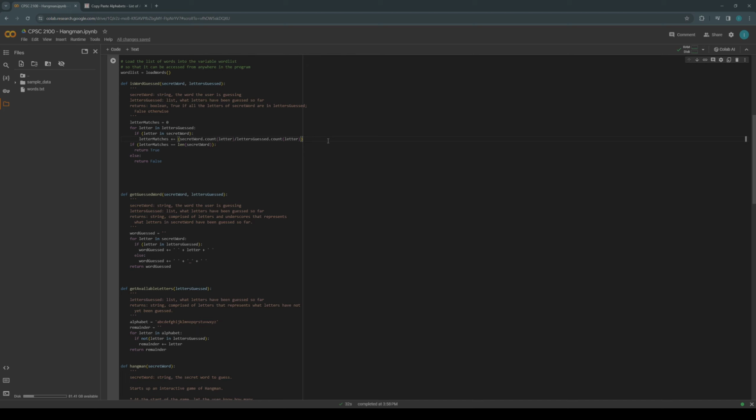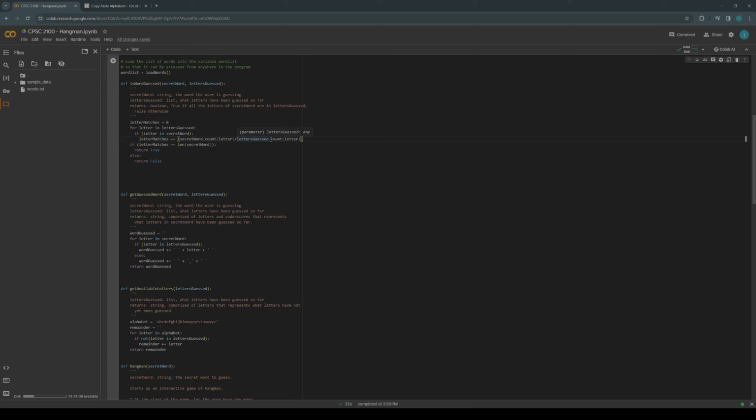Let's say your letters guessed is APPLE and the actual word is apple. So there's two P's there. If we did not have this division here, then I believe we would add P four times, because there's two P's in the secret word apple.